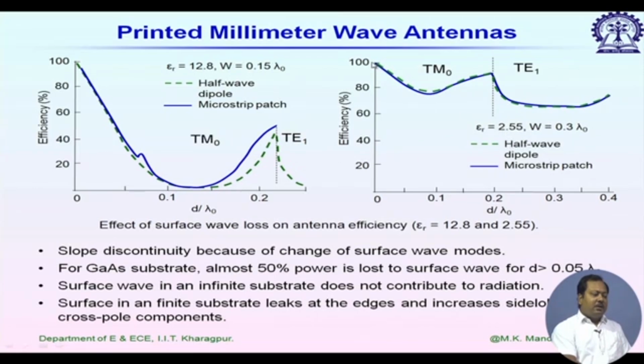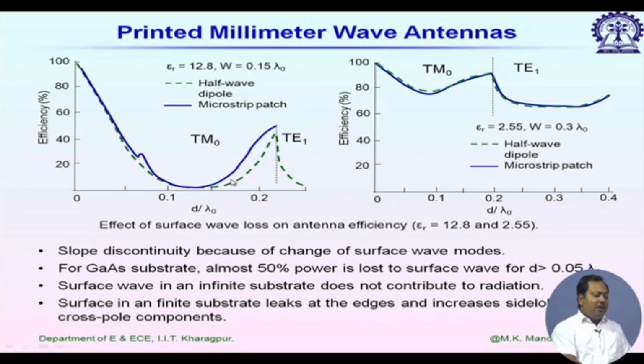So, you see first the antenna efficiency decreases. Only for this first part which is showing negative slope, we can say radiation is due to the antenna resonance. After that, radiation is mainly from the surface wave modes. So, we can see some observation.